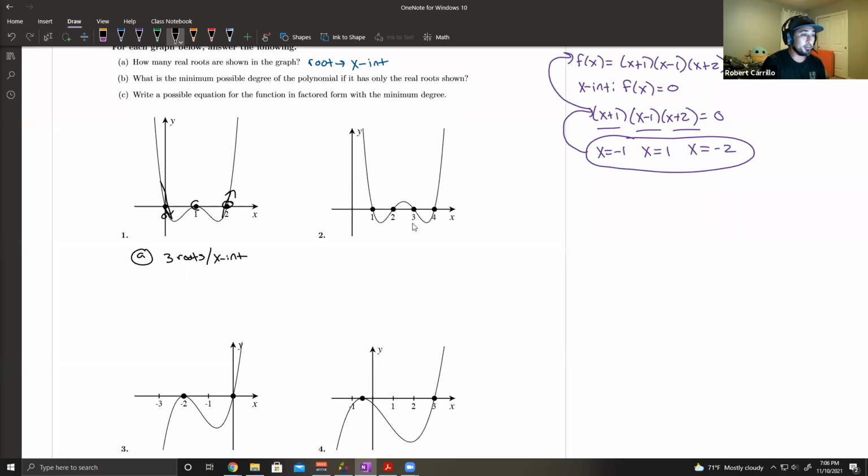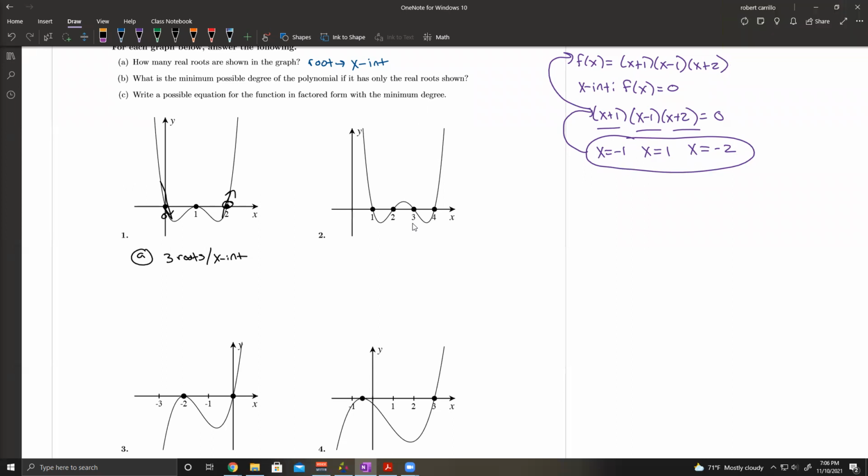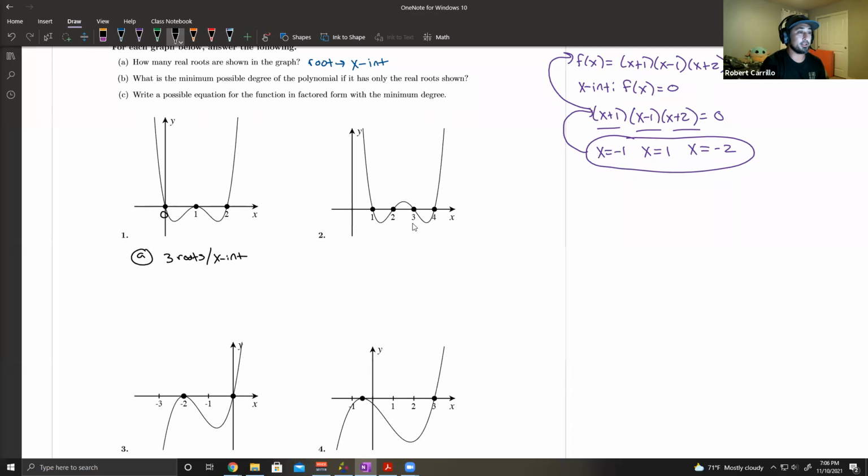But when it gets to 1, is it crossing or is it bouncing off? Bouncing. Good. So at the x-intercept of 0, we cross. At 2, we cross. And at 1, we bounce, or you can even say touch.